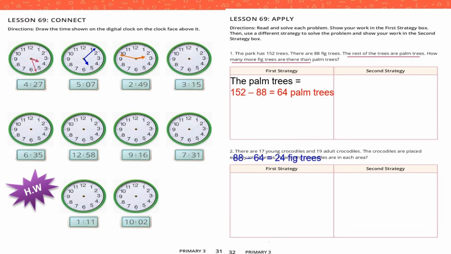So I will subtract 88, which are fig trees, minus 64, which are palm trees. The difference will be 24 fig trees. Okay, let's subtract ones with ones and tens with tens. We will find 24. Now, if you understood this strategy, never mind, you don't need to find the second strategy.